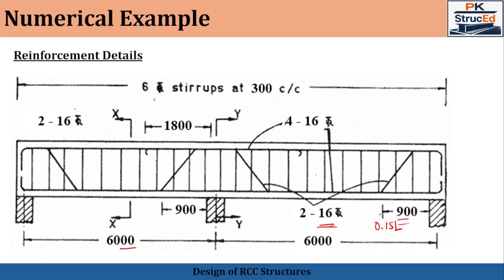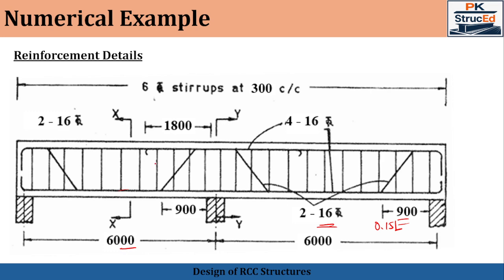This reinforcement detail includes the top reinforcements over the supports, the bottom reinforcements in the midspan, and the stirrups. Proper detailing is essential for correct force transfer, controlling the cracks, as well as improving the durability.